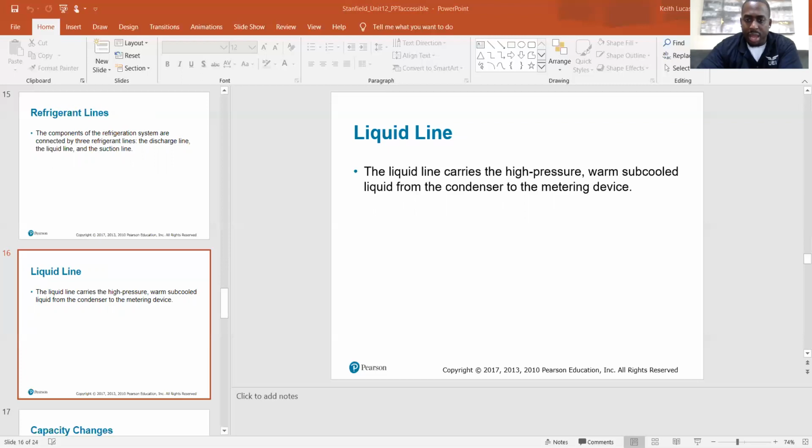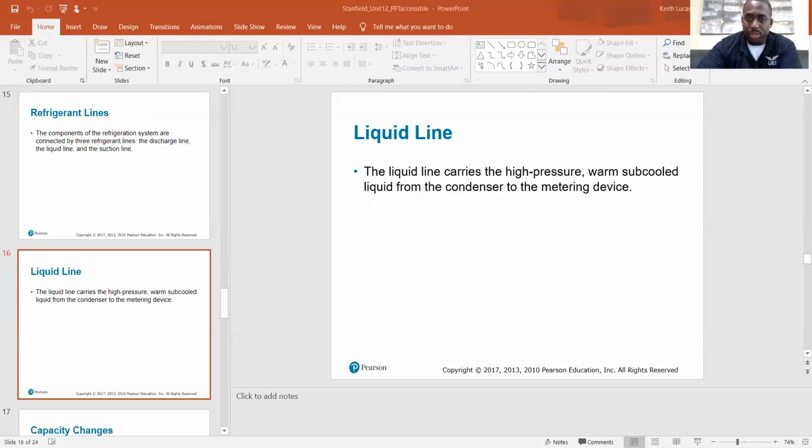So boom, now you got high pressure subcooled liquid coming out of the condenser. This is our liquid line. What I was saying a second ago, they consider this whole thing the liquid line, but to be technical, the liquid line is here. And then we're going into our metering device.